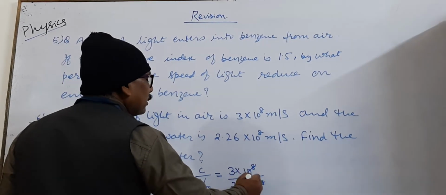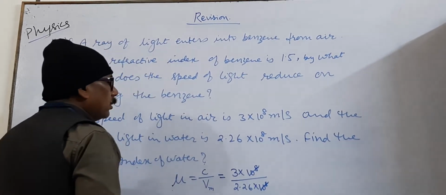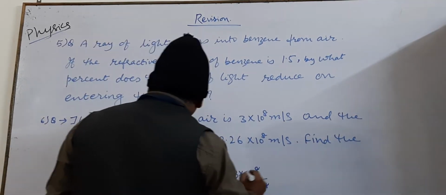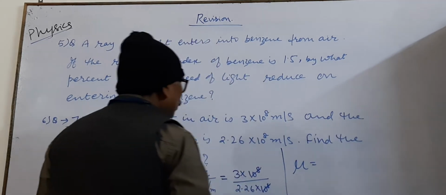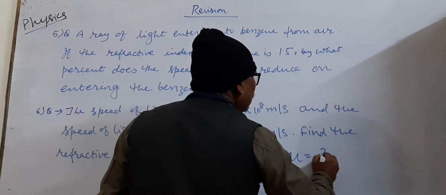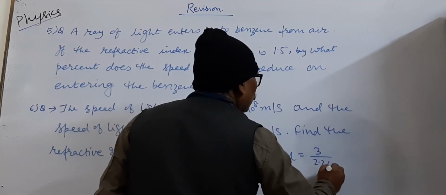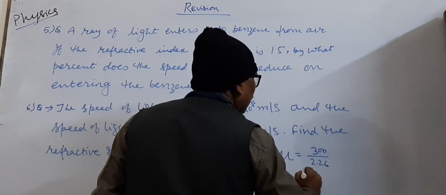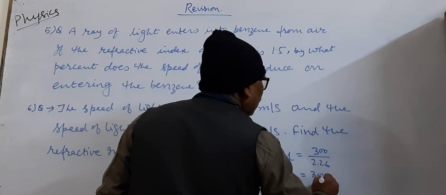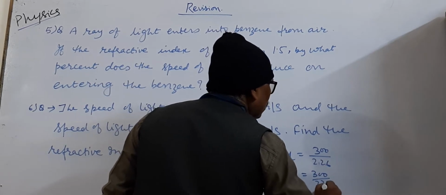Now you cancel this. Now the refractive index will be what? Mu is equal to 3/2.26. Remove the point from here, two 0s will be added, that is 300/226.